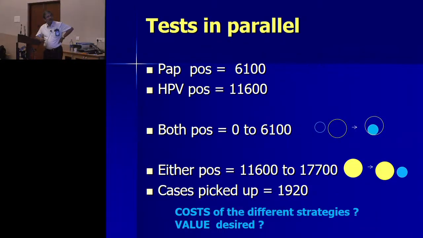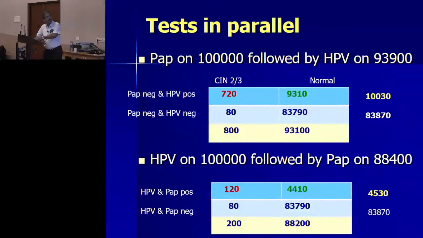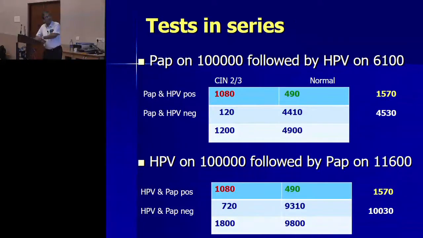But when we actually run the numbers, we found that it was somewhere here, maybe slightly outside. Cases picked up anyway is 1920 if you use a parallel strategy, because you have to add this 720 and this 120 to the 1080.